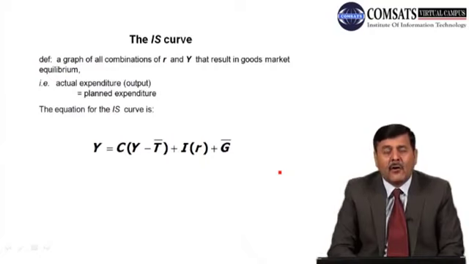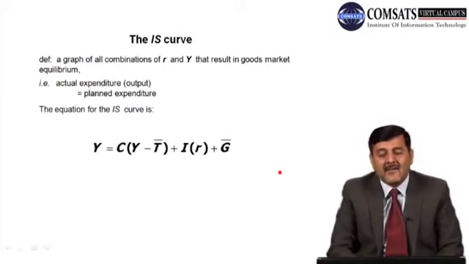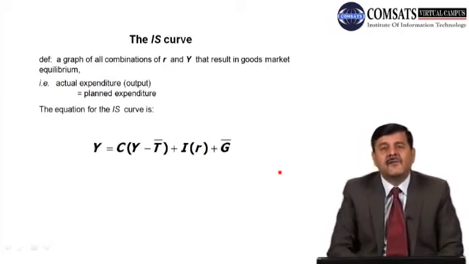The IS curve is the graph of all combinations of R and Y that result in goods market equilibrium. So it consists of different combinations of interest rate and income level in the economy that give equilibrium in the goods market. That is the definition of the IS curve. We'll try to derive the IS curve with the help of the Keynesian cross.